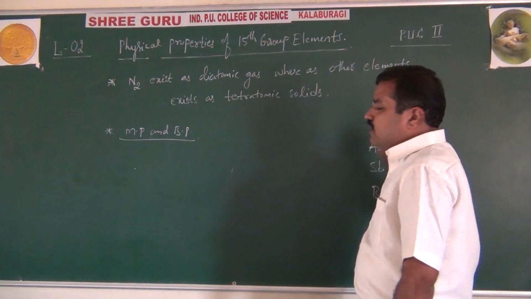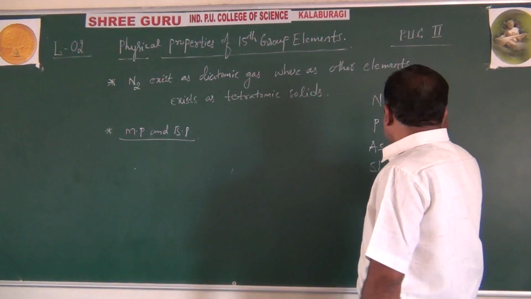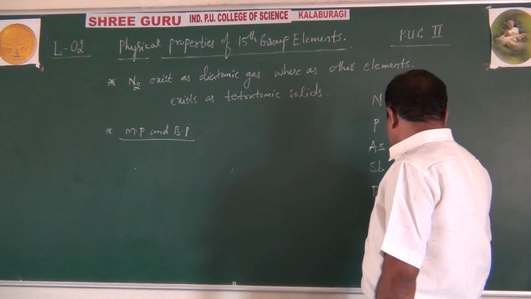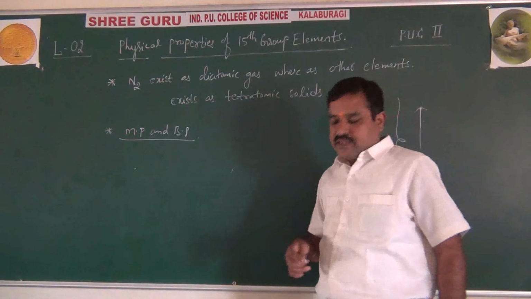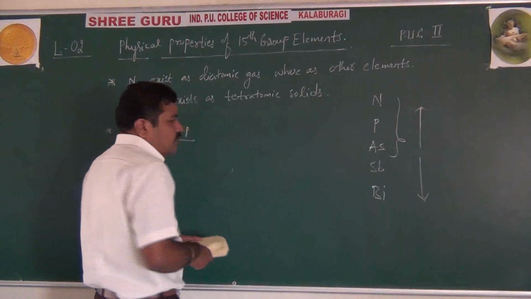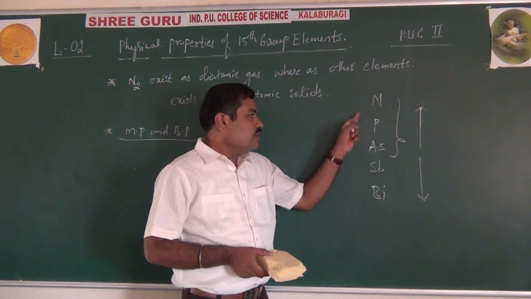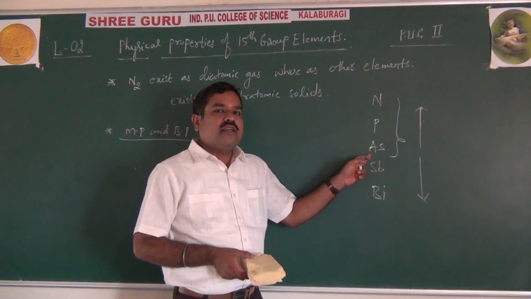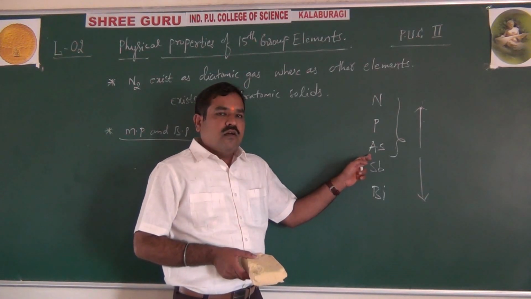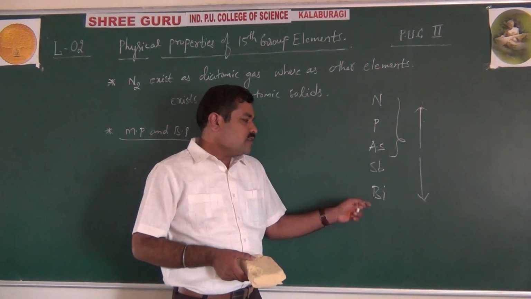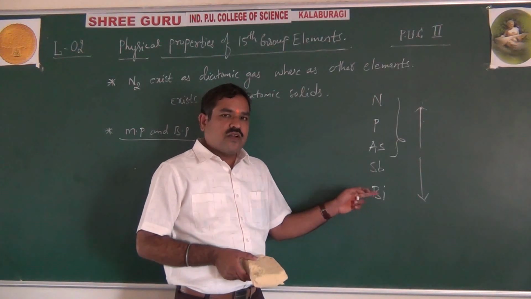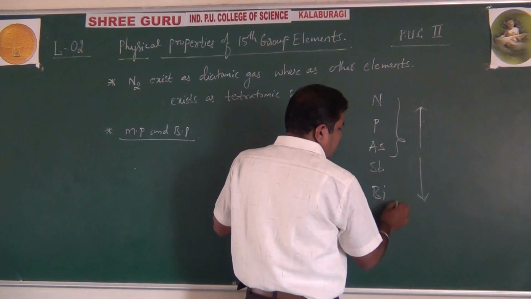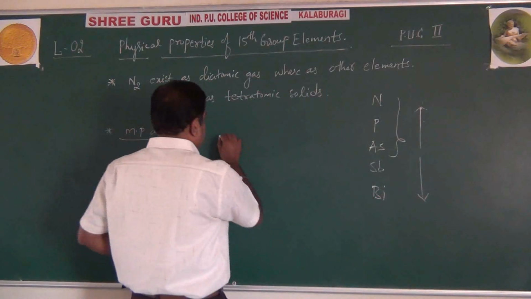But from arsenic to antimony it decreases. Why? Melting point and boiling point from nitrogen to phosphorus to arsenic increase due to increase in atomic size and increase in intermolecular forces. But when you come to antimony and bismuth, this is not true. Why? Due to the inert pair effect.